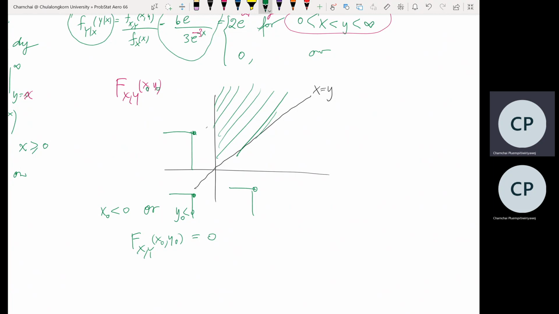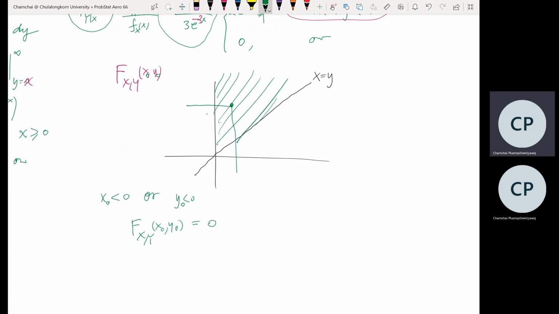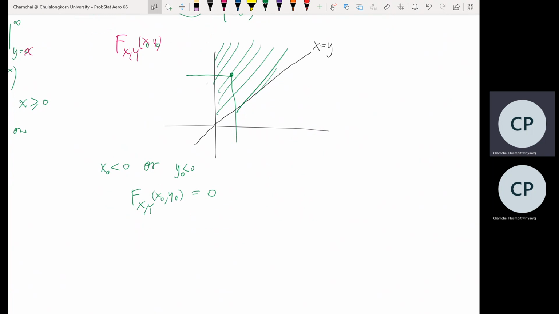Next is this one, for x naught, y naught. We're going to have what? What is this area? This is x naught, y naught. How do you find this area? x naught between what and what?